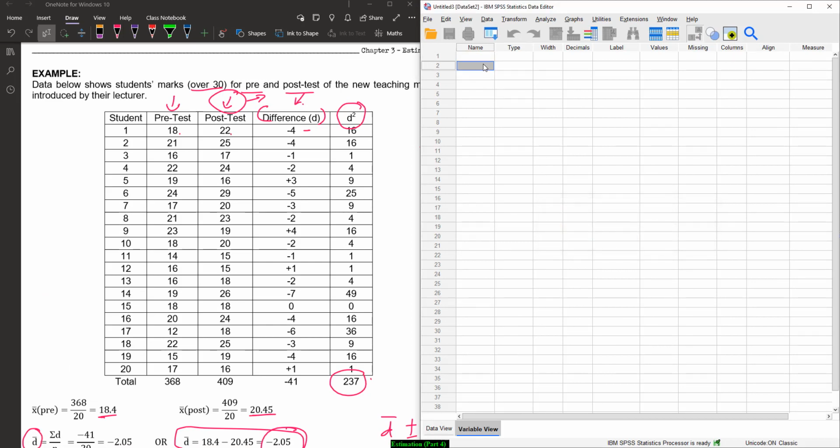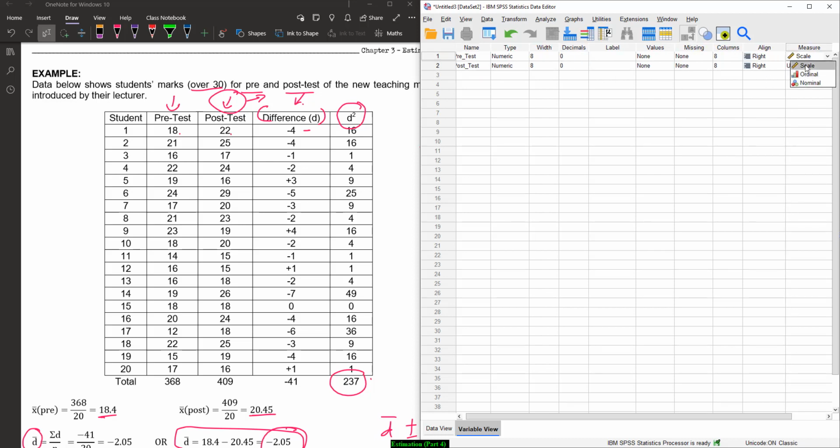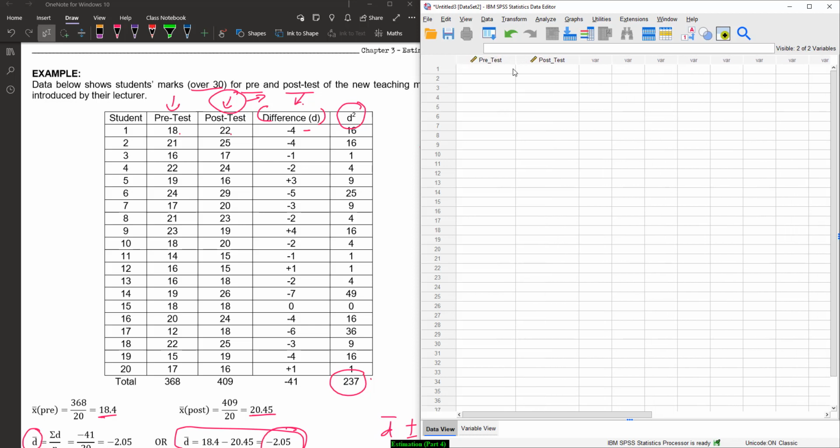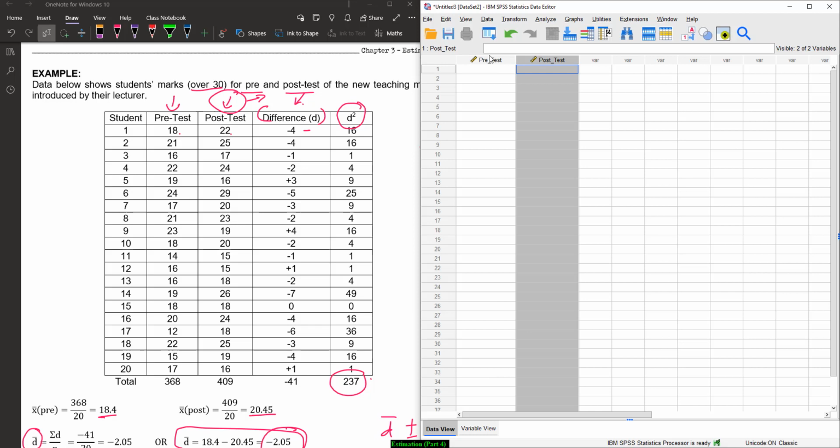Let's define the variables in the variable view: pre_test and post_test. An illegal character like a dash is not allowed. Since both variables have no decimals, we set no decimals, and the measure should be scale for both. Notice here, for a dependent or related sample, the layout should be like this.